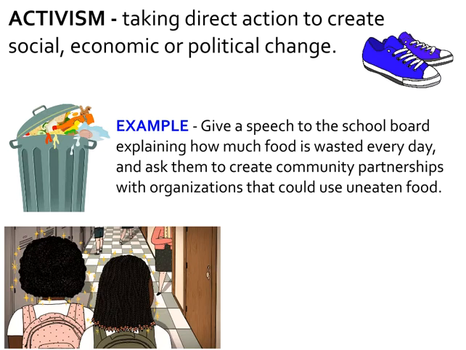What's important about activism is that I am not only stepping out and advocating or asking for some sort of change, but I'm really making sure that I'm seeing something happen because of that. So I'm asking the school board to actually create community partnerships where we can donate our unused food.